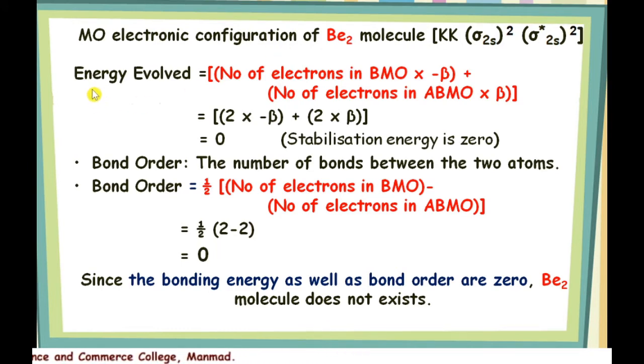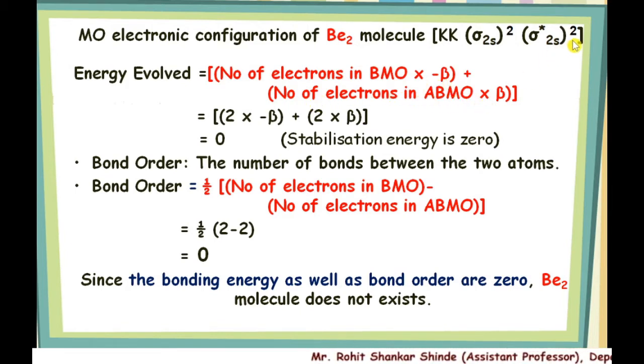Now, let us calculate the energy evolved. Energy evolved is equal to the number of electrons in BMO, that is 2, into minus beta, plus the number of electrons in ABMO, that is again 2, into plus beta. So minus beta into 2 plus 2 into beta becomes 0. Hence, the stabilization energy is 0.